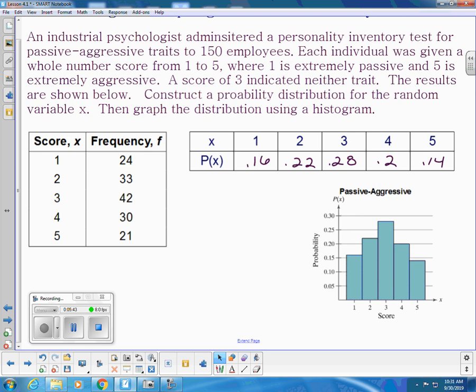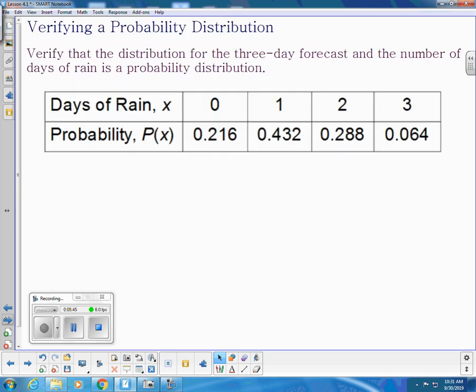Tell me, is this a probability distribution? It looks good. It says days of rain and the probability of such: 0, 1, 2, or 3. So what do we have to do to tell if it's a probability distribution?